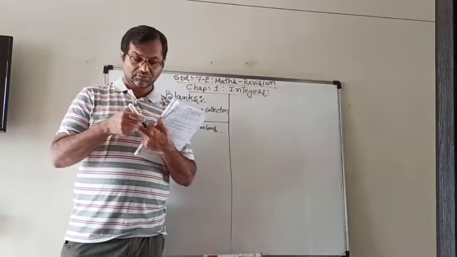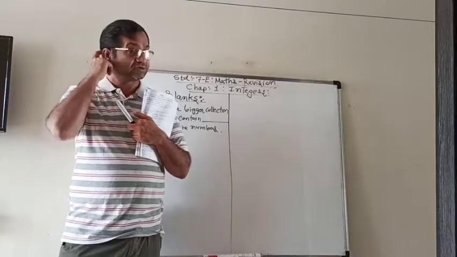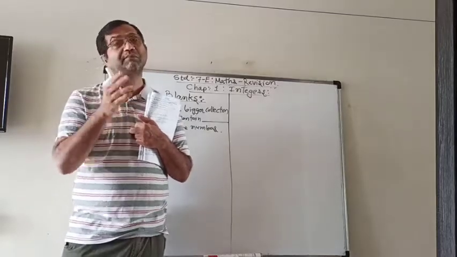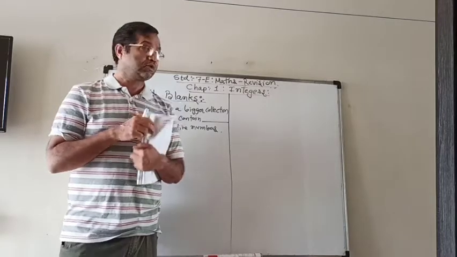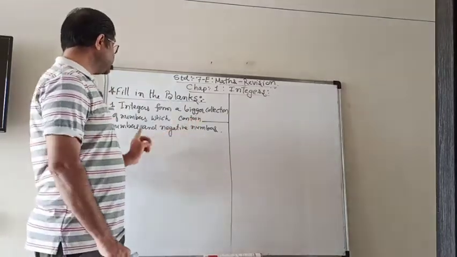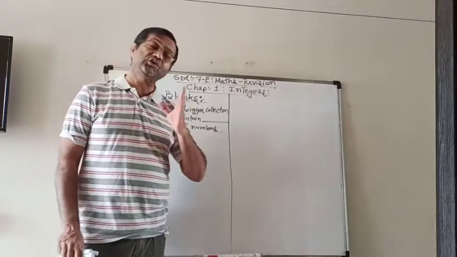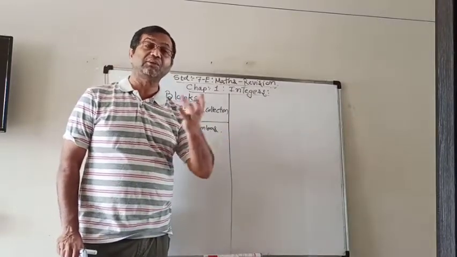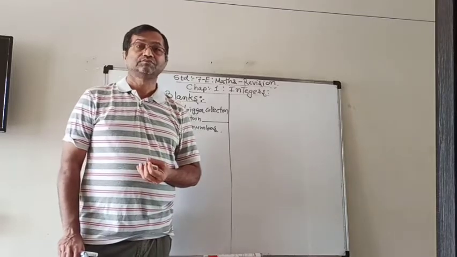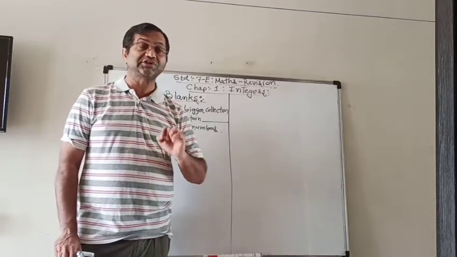So here the first answer that will come in your mind will be positive. Am I right? Because blank numbers and negative numbers. So you know that in integers positive numbers are there and negative numbers are also there. What about 0? So you can't write down positive here.